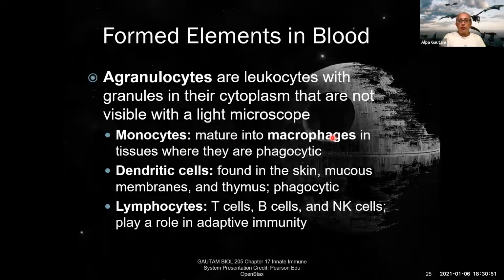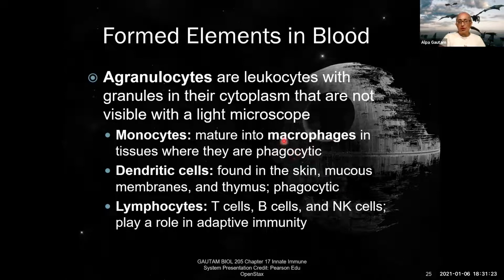A macrophage is a phagocytic cell, but they're very large, and they can phagocytize a large number of pathogens or large amounts of cellular debris. That's kind of the difference between neutrophils and macrophages. Although, that's enough for you to know that. So monocytes mature into macrophages when they come in contact with their pathogen.